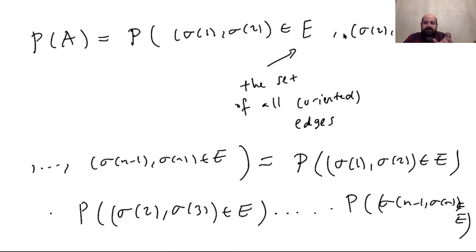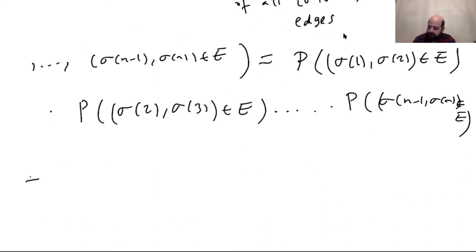The existence of an edge between 5 and 8 is true for sure, but the orientation could be from 5 to 8 or from 8 to 5. And I'm assigning the orientation randomly. So with probability 1/2 it is from 5 to 8, and with probability 1/2 it is from 8 to 5. So the probability that sigma 1, sigma 2 is in E is 1/2. So the first number is 1/2, then times 1/2, all the way times 1/2. How many 1/2s do I have?